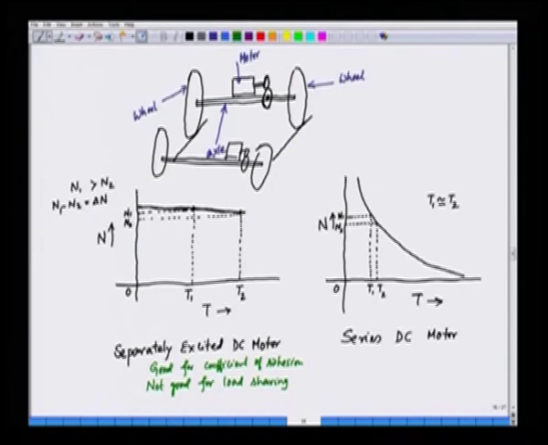On the other hand, the series DC motors, we can say that these are not good for coefficient of adhesion, but good for load sharing. So, we have a choice. Each one is having its pros and cons.